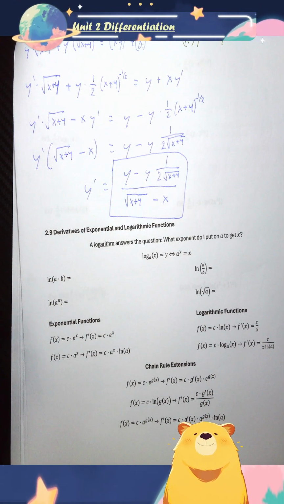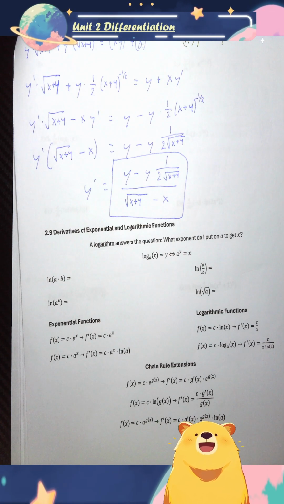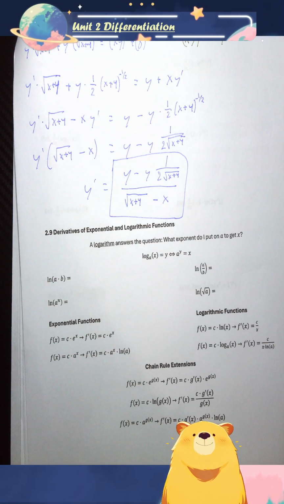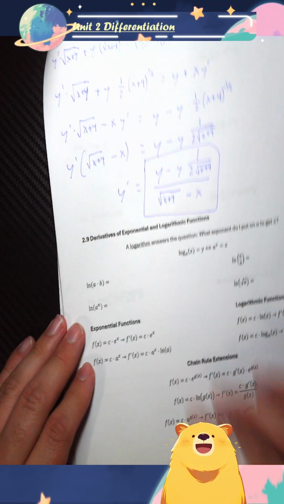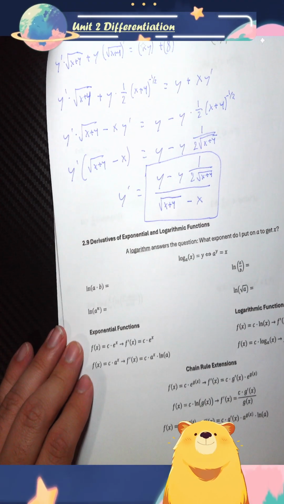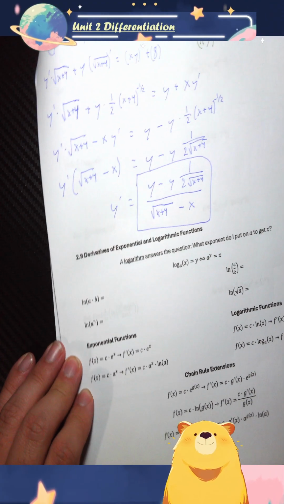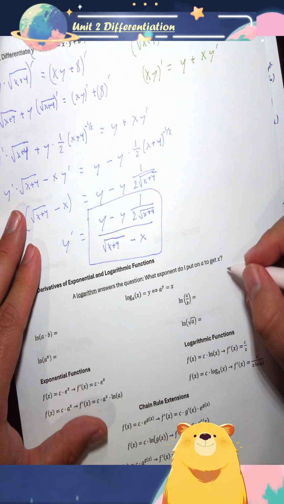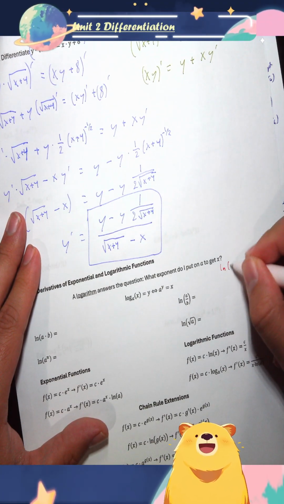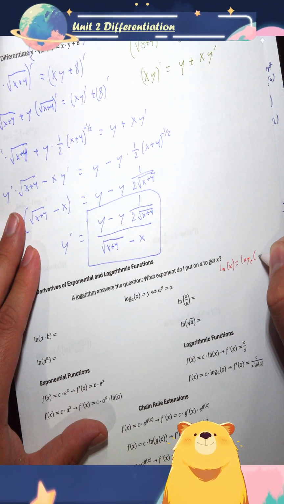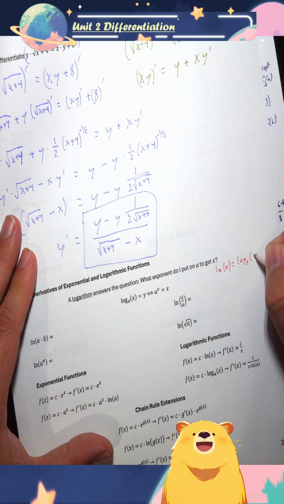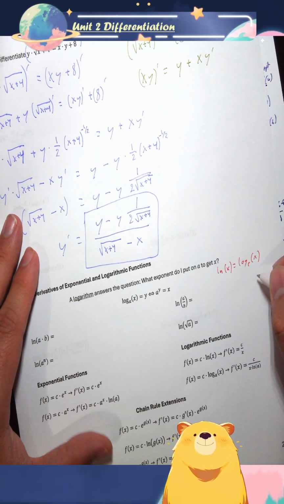That being said, let's go over some things that I hope is a refresher for log functions. We're using a natural log for a lot of these rules. Let me add some quick context for the natural log. ln of x is the same as log base e of x.